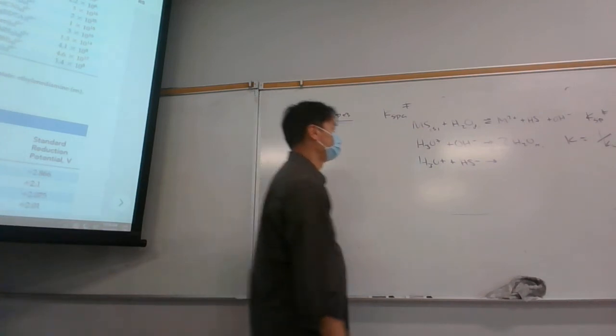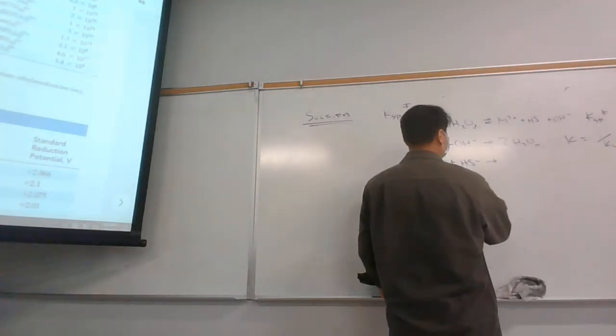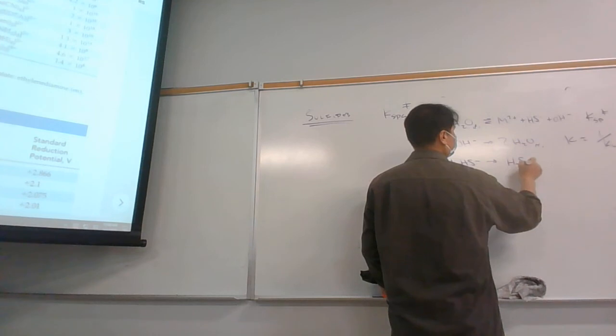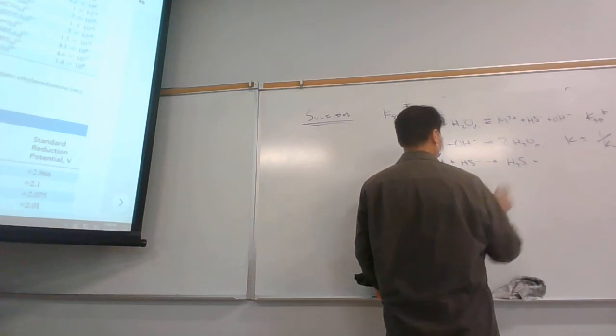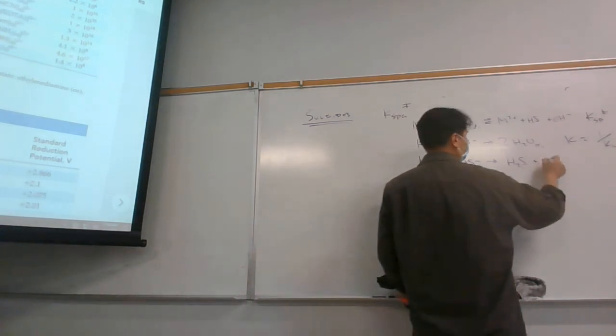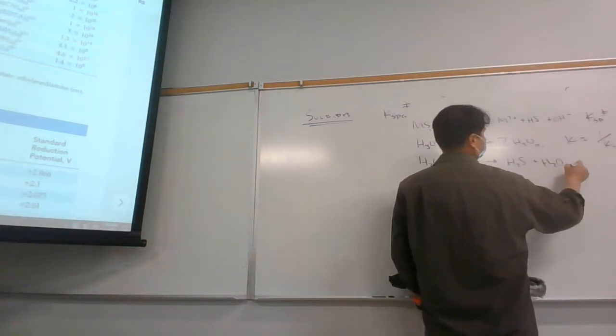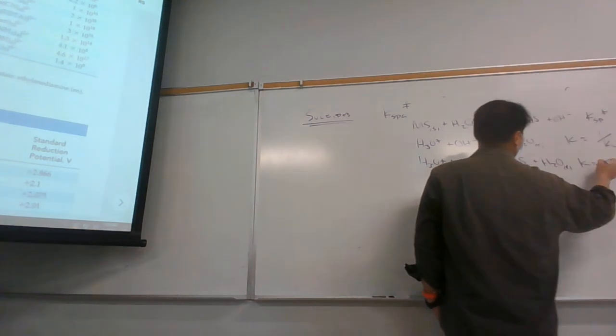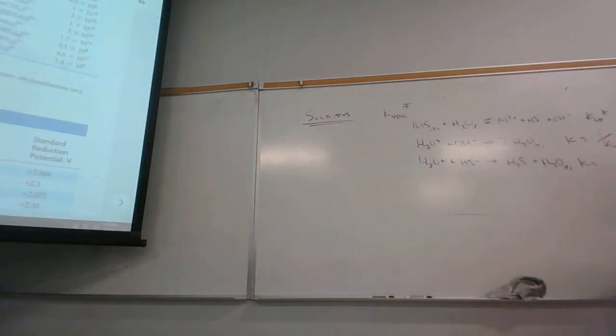This is going to form H2S and water. Okay, look at the reverse reaction and tell me what that is. Yeah, this is Ka. So this K is 1 over Ka for H2S.